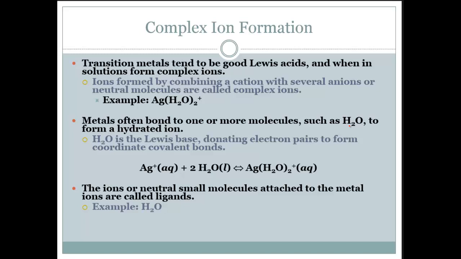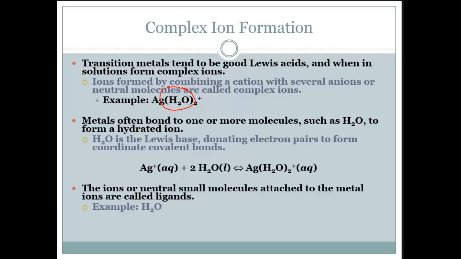So notice silver reacted with water. Metals often bond to one or more molecules, such as water, to form a hydrated ion. Water is a Lewis base, donating electron pairs to form coordinate covalent bonds. The ions or neutral small molecules attached to the metal ions are called ligands.